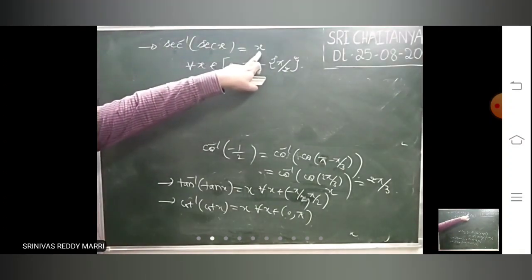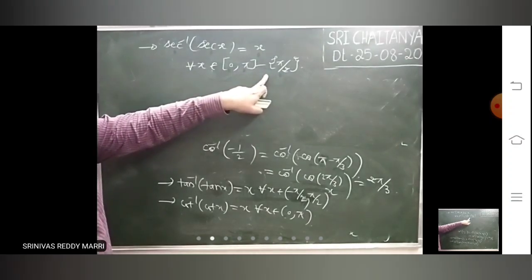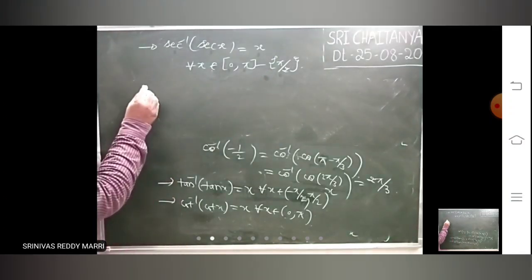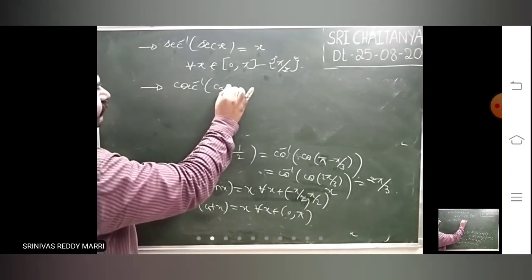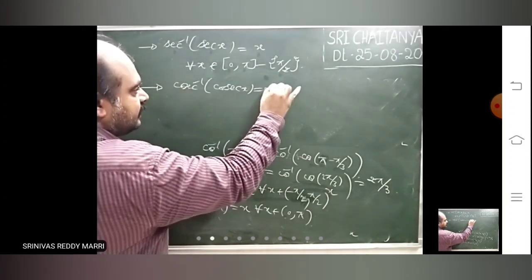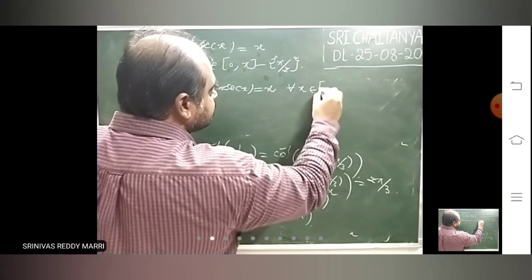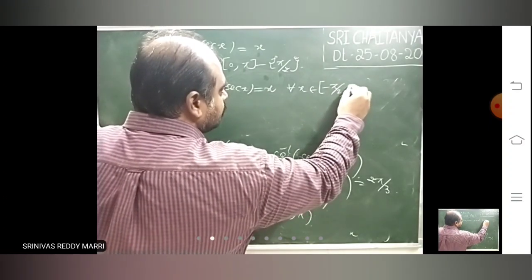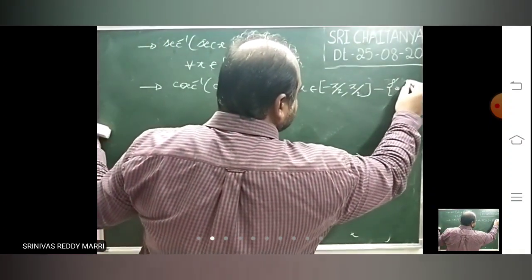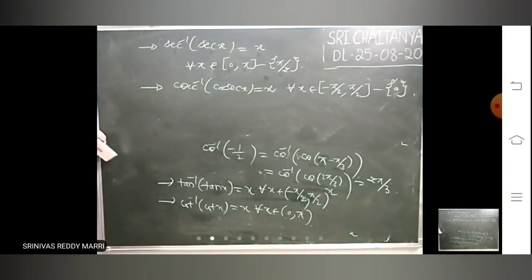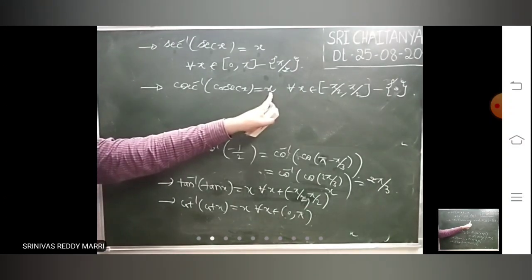Secant inverse secant x is x when x lies in the interval 0 to pi minus pi by 2, this is the range of secant inverse x. Right? So next, cosecant inverse of cosecant x equal to x for all x belongs to, what is the interval? Minus pi by 2 to pi by 2 minus 0. In this interval, if x lies, then cosecant inverse cosecant x equal to x. This is right.